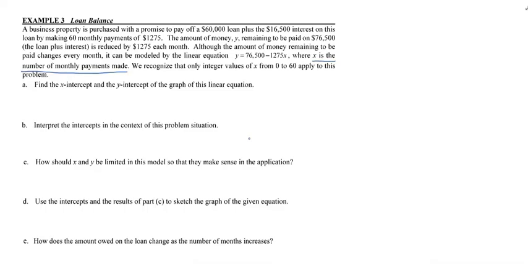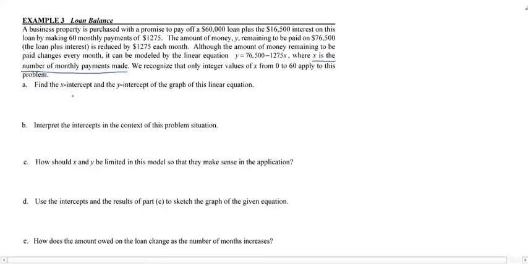So first we are going to find the x and y-intercept of the graph of the linear equation. And sure, you could do this on your graphing calculator, but we're going to find it algebraically so that we can use the calculator more efficiently.